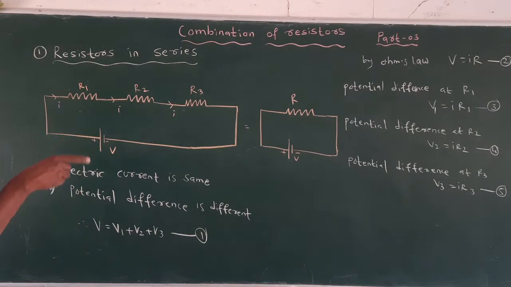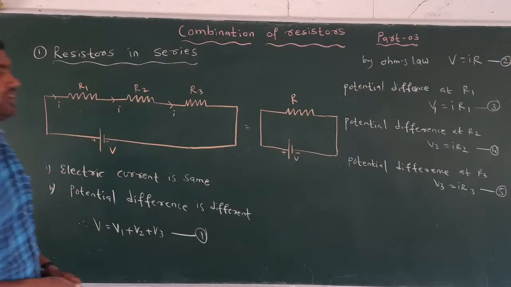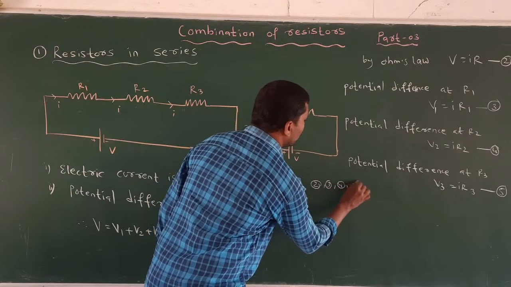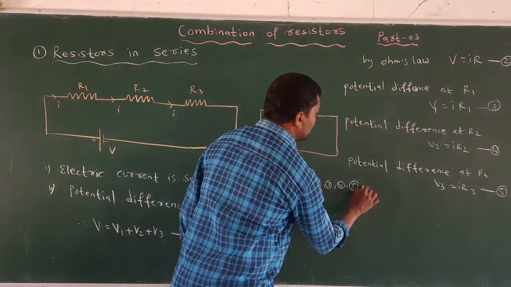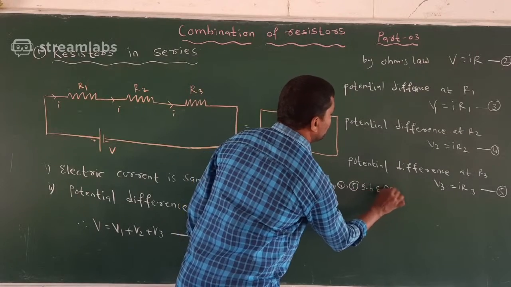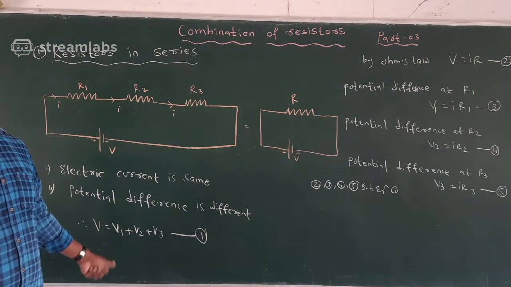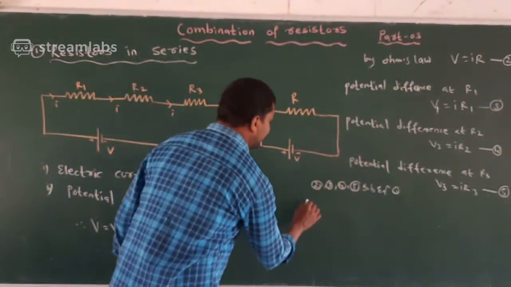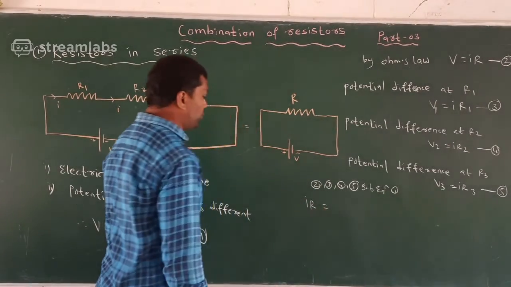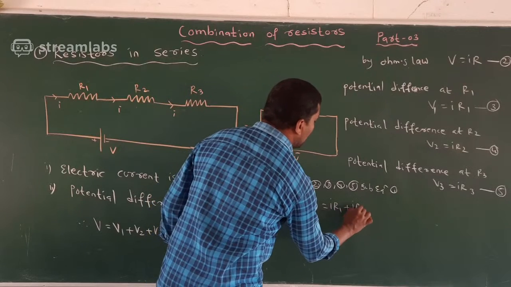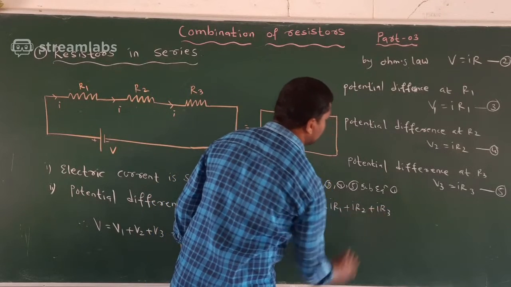The electric current will be the same at R1, R2, R3, but the potential difference is different: V1, V2, V3. So equations 2, 3, 4, 5 are substituted into equation number 1, V is equal to V1 plus V2 plus V3. So we can write IR is equal to IR1 plus IR2 plus IR3, where V1 means IR1, V2 means IR2, V3 means IR3.